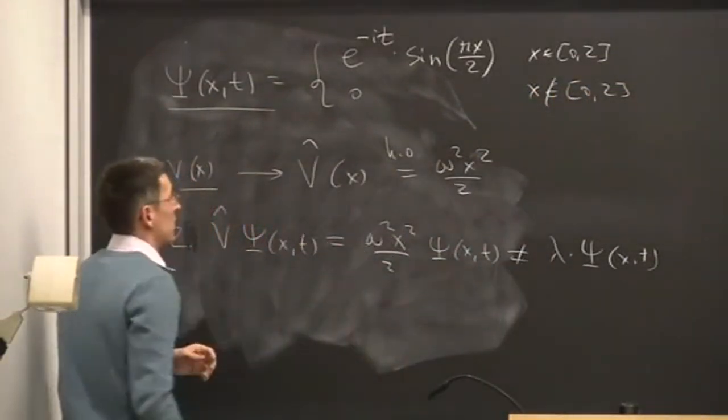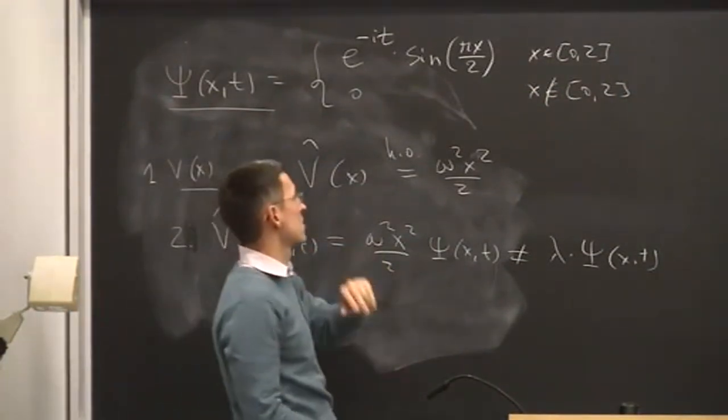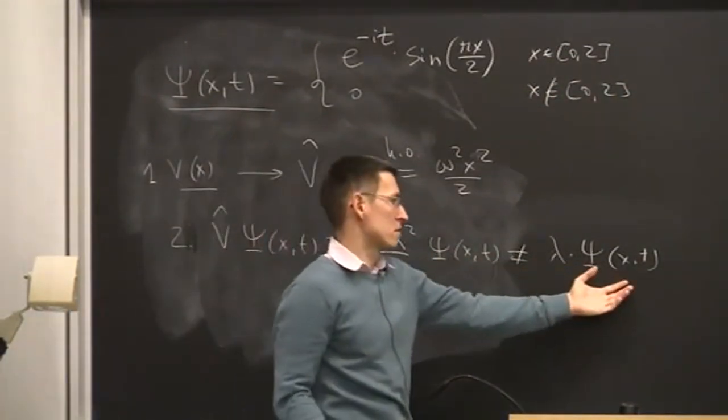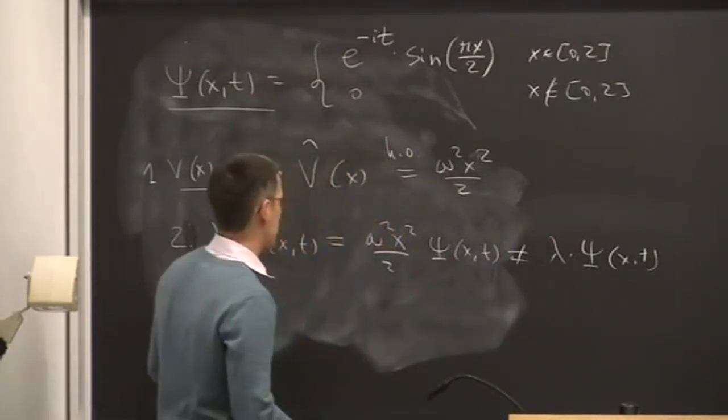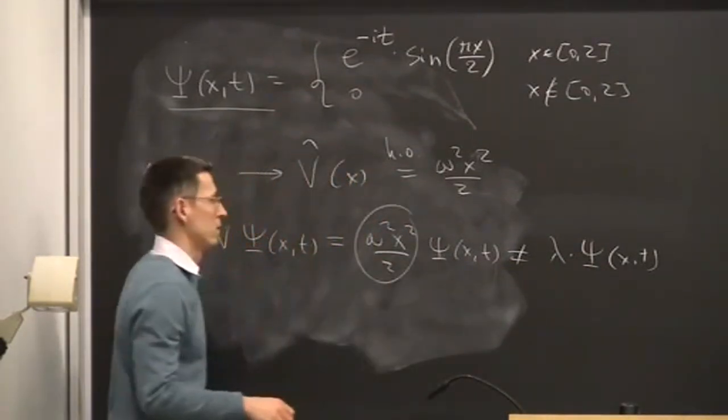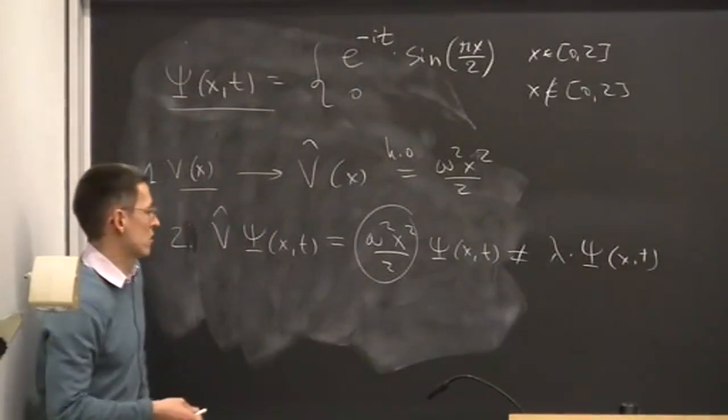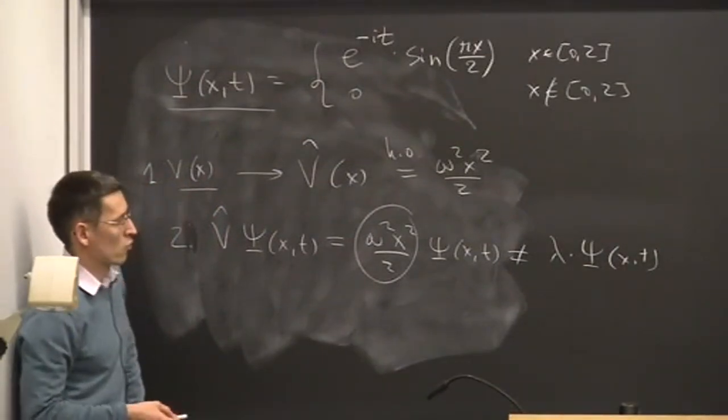Right, so if you have that function, you multiply it by x squared. It's not the same function multiplied by a constant. Very simple, because you multiply it by x squared, not by a constant. So the answer is no, so what do we do then?